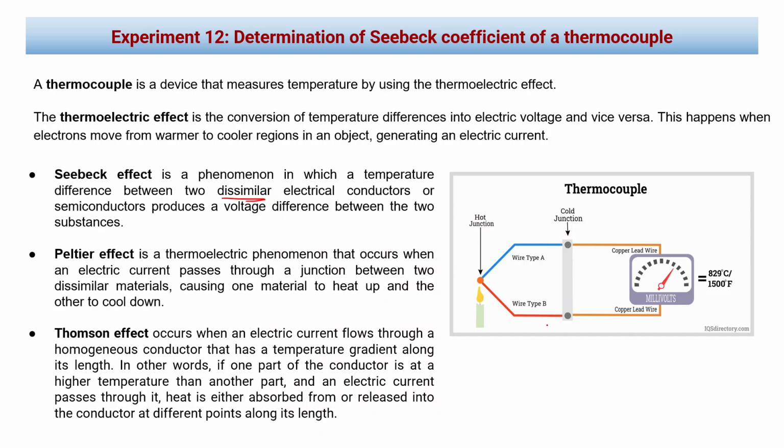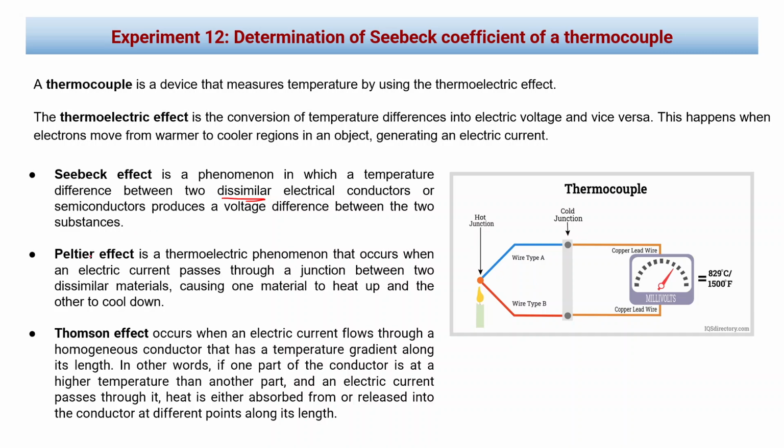Here they are moving slower, so there will be less negative charge, which means this will be at higher potential compared to this end. So there will be a voltage difference generated here because of this difference in thermal conductivity of these two wires. This is what is known as Seebeck effect.